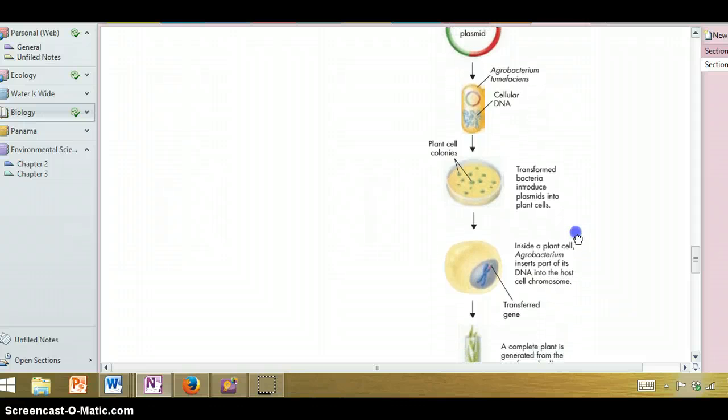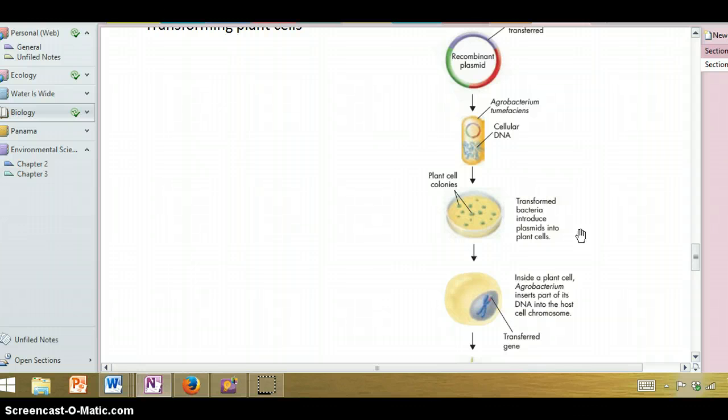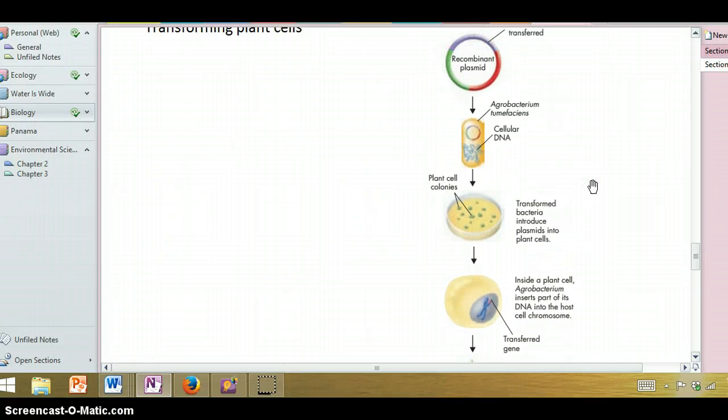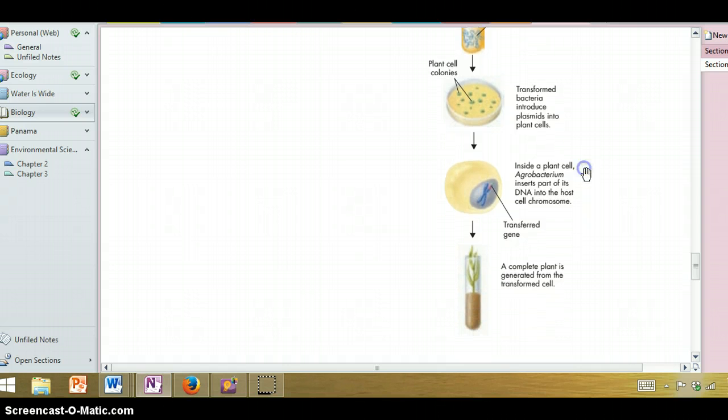What we do is we take masses of cells from the plant, we expose them to the bacteria, and we can then take those clusters of plant cells that have been exposed to the bacterium, and you can do what's called tissue culture, which is commonly done with plants.